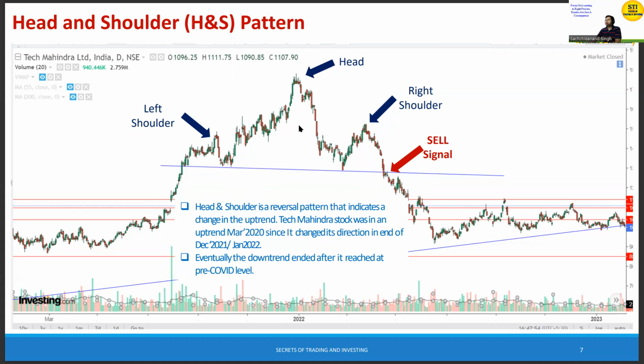Because it has a middle portion, one top, which could be an all-time high also, and this kind of formation is most effective when it is happening at the top of the trend, meaning never in the past have similar things happened. The middle one will be the top, and that is called the head. On the left-hand side, you can imagine any person: in the body we have a head, and we have a left and right shoulder.